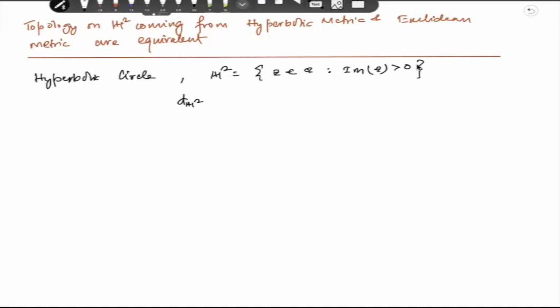So this is the hyperbolic distance function.